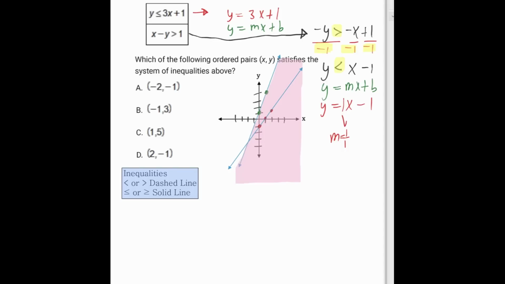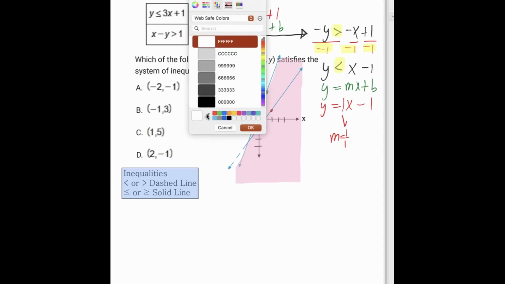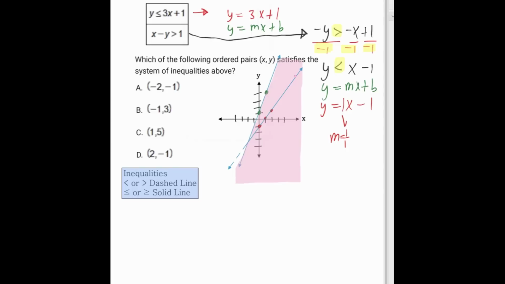So we'll just put little sort of white dots there to signify that it's being dashed. That's just the idea that the line is dashed. Kind of the best I can do in this situation.